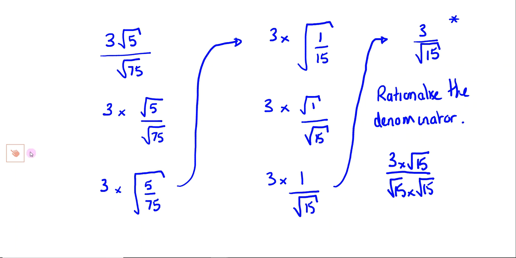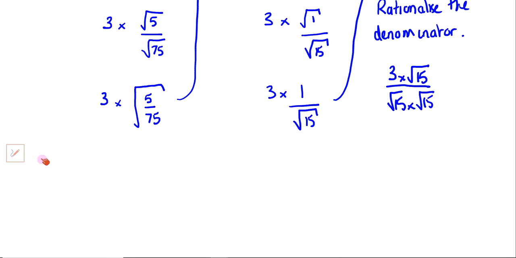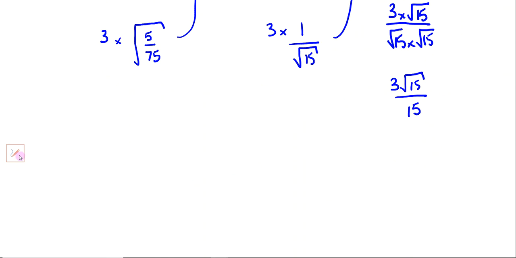Remember, I am rationalizing the denominator, not the numerator. So now I've got 3 root 15 divided by 15. Now I've got 3 divided by 15, which can be simplified to a fifth. So 1 root 15 divided by 5.